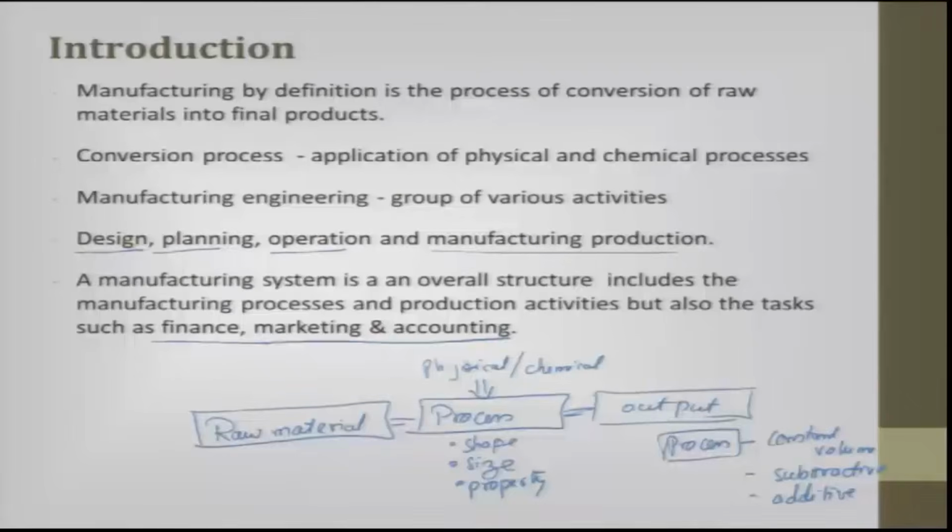So, manufacturing is not only producing, but also reaching the customers in an economical manner. It is now clear manufacturing involves design, planning, operation, and manufacturing process, and apart from this finance, marketing and accounting, all these departments put together in converting a raw material into a useful output is called manufacturing.